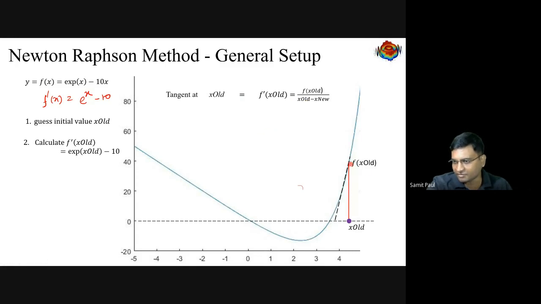And from this triangle, this is the perpendicular height. And what is the height? F of x old is the height, and the horizontal difference between these 2 points, if I can know this distance, I can calculate the tangent.